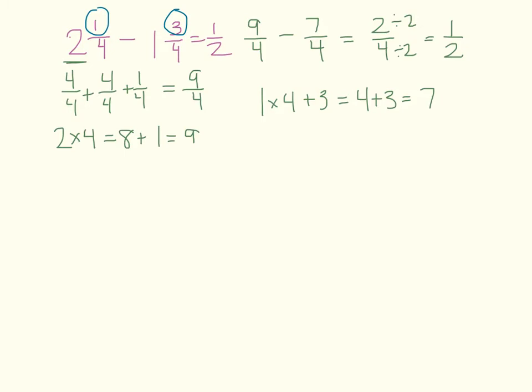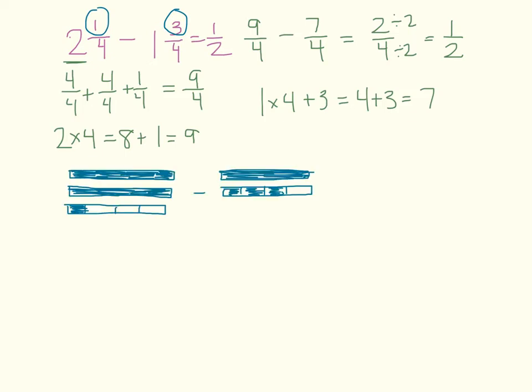Now, if we were doing this with fraction strips, we would be able to see, in a sense, what we were doing a little bit better. With the visual, we can see that we're taking away 1 whole. Okay, that's that one. And then we want to take away 3 parts, 3 out of 4. Well, there's one of them, but we need 2 more.